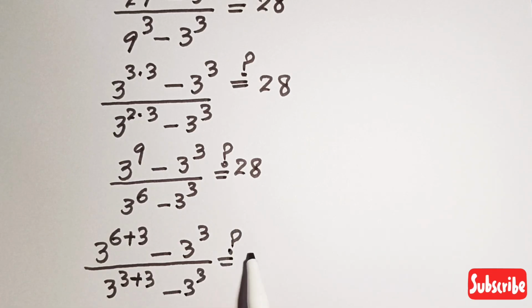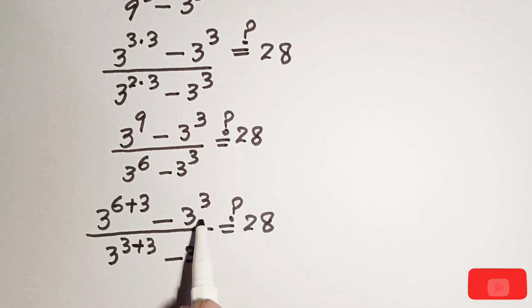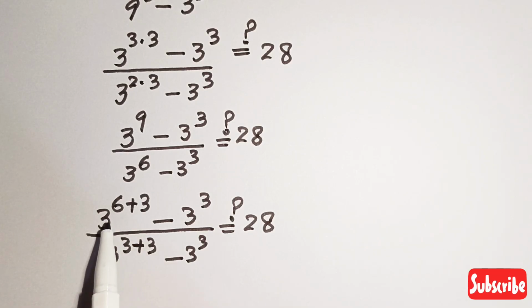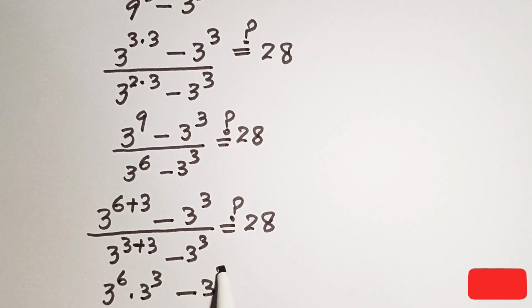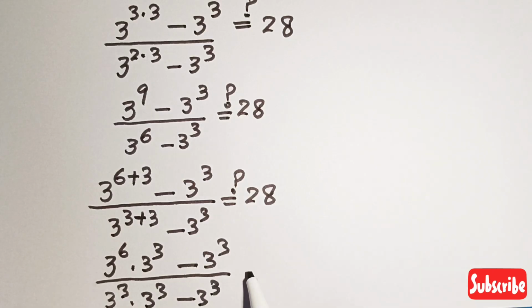Here we use the exponential law, so 3 to the power 6 times 3 cubed minus 3 cubed, all over 3 cubed times 3 cubed minus 3 cubed. Is it equal to 28?